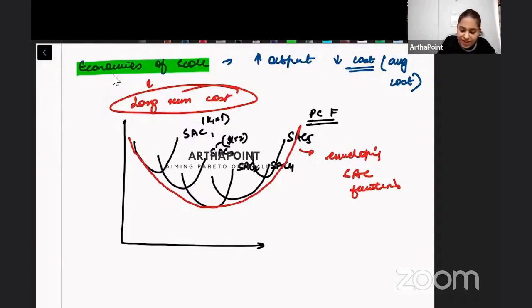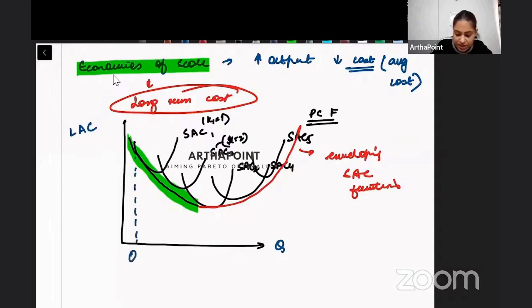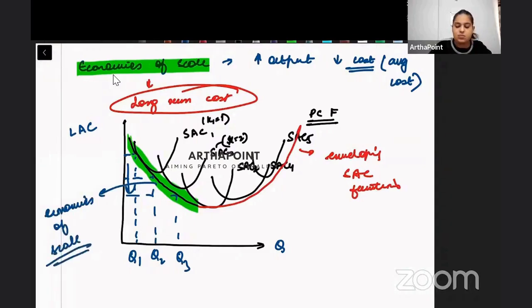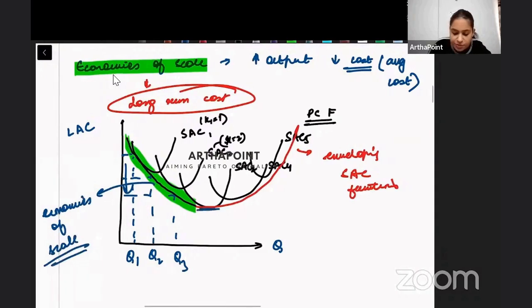If I look here, this is my Q, and this is the long run average cost. As I increase the level of my output from Q1 to Q2 to Q3 and so on, my cost is continuously decreasing. That means here I have economies of scale. At this point, my LAC is minimum.